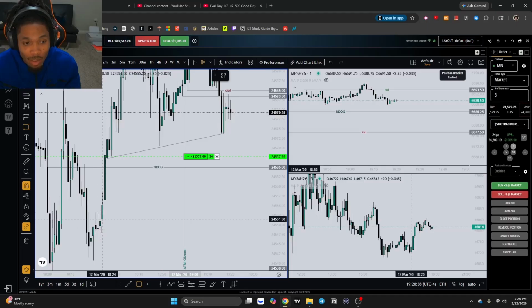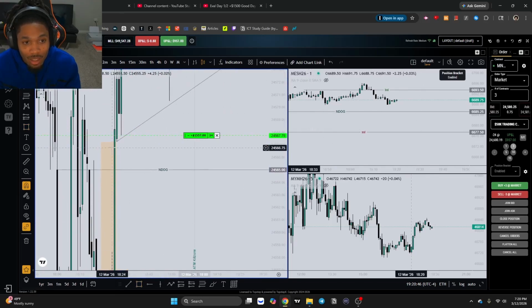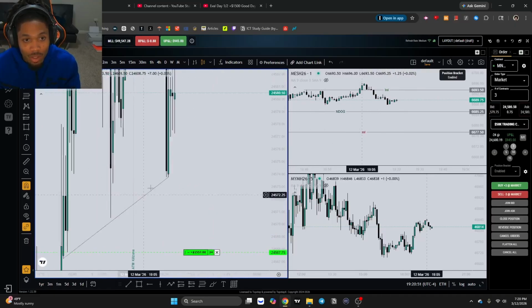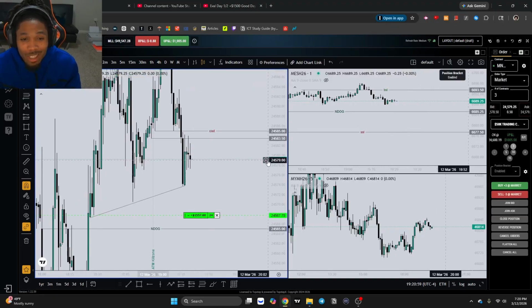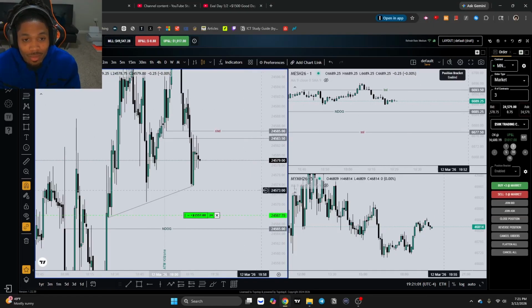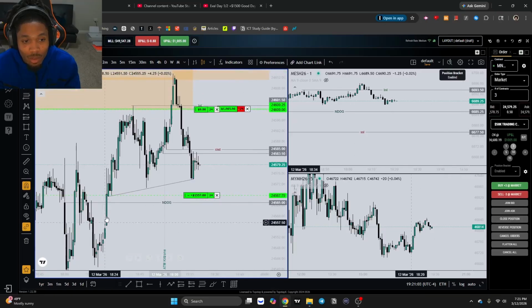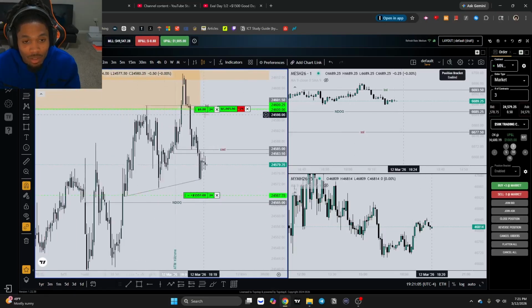All of these right here are gaps, and all of these right here are relatively equal lows. So if it sweeps down here, it should be quick and easy because there's no gaps to really sweep liquidity from, I guess. And then this right here becomes your next gap of liquidity, which is this fair value gap.